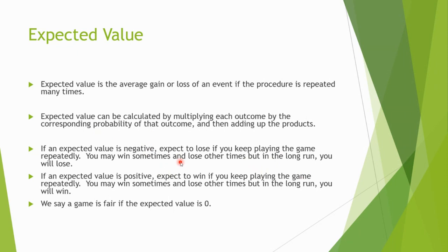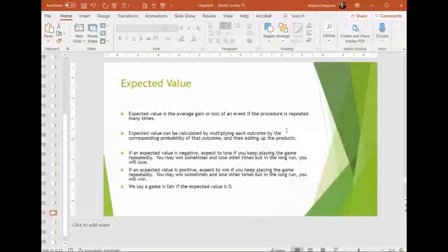I did write down what the calculation is. We'll see some examples next time. The whole idea is you multiply each outcome by its probability and then add up the products. I know it's a little confusing now, and I don't want to do an example now because I'll have to rush through it.